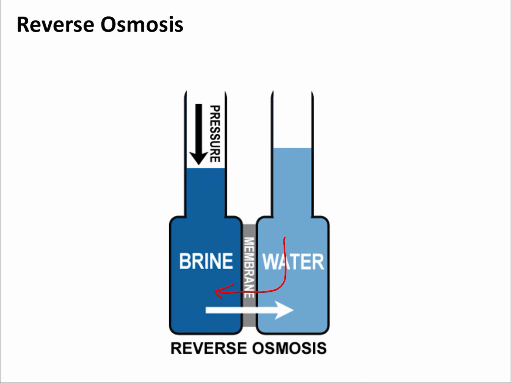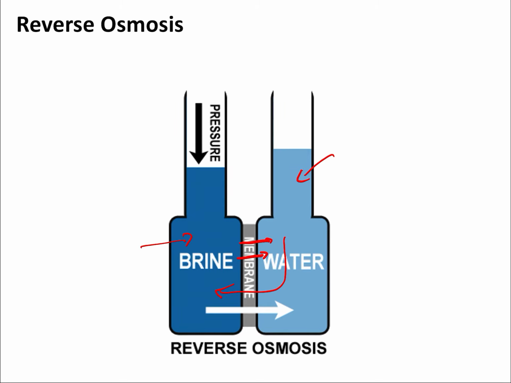But you can pressurize the side with the high concentration of dissolved solid, which will force pure water to go through that membrane. It allows us to take basically what's on the right-hand side, which is dirty water, or water with maybe unwanted solids dissolved in it, and by applying pressure to it with a membrane, we can generate pure solute-free water on the right-hand side.